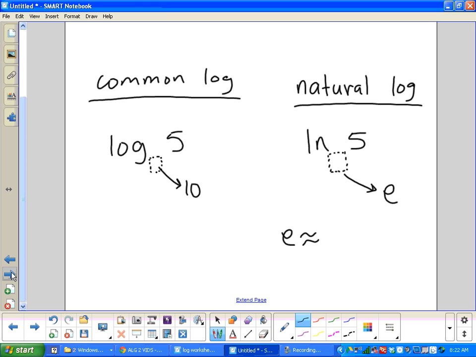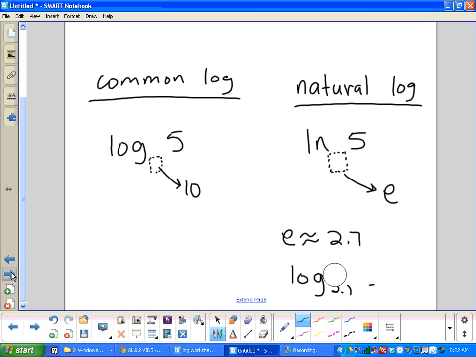But e is an irrational number, and it's equal to about 2.7, kind of like pi is approximately 3.14. Well, e is approximately 2.7. And so a natural logarithm is basically a log with a base of 2.7.